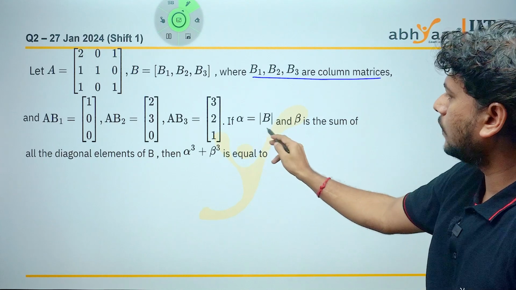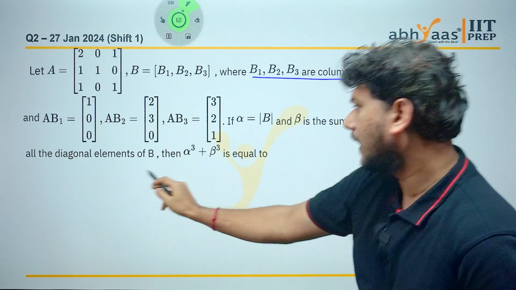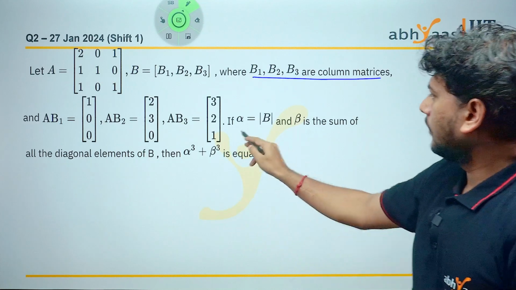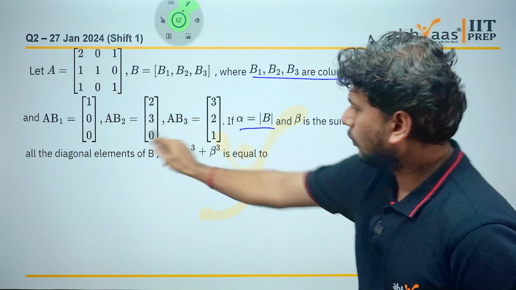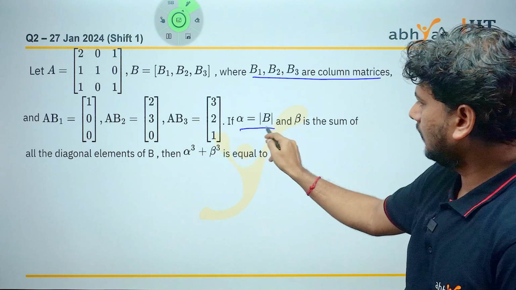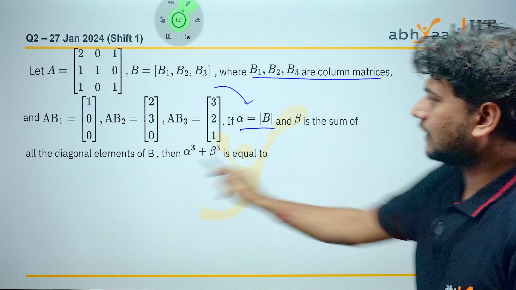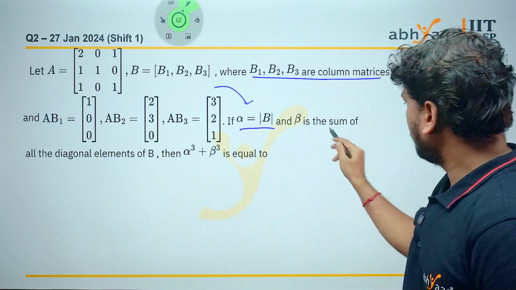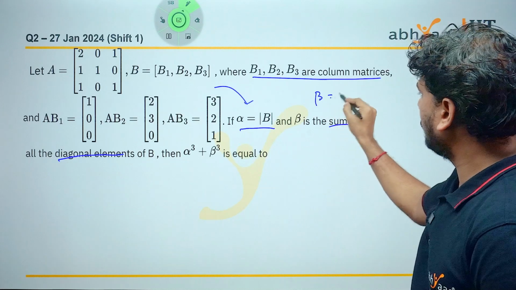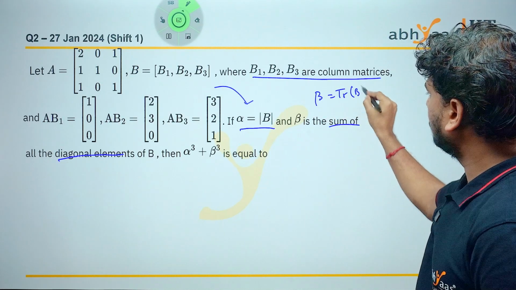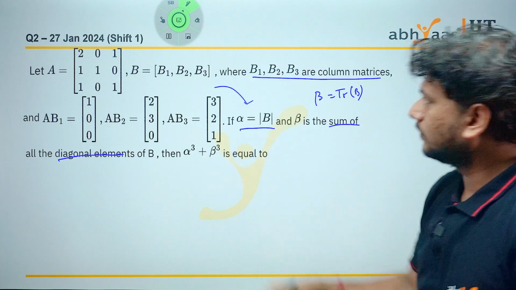If alpha is equal to the determinant of B and beta is the sum of all diagonal elements of B, we have to find B1, B2, B3 to get B. Then we can take the determinant to get alpha, and beta is the trace of B. Then we have to find alpha cube plus beta cube.